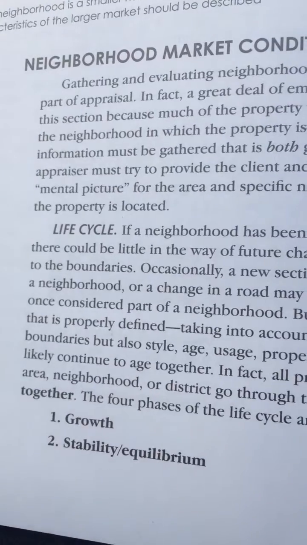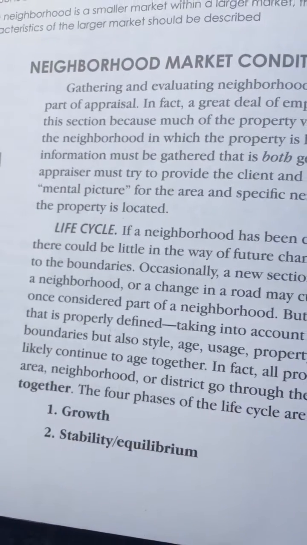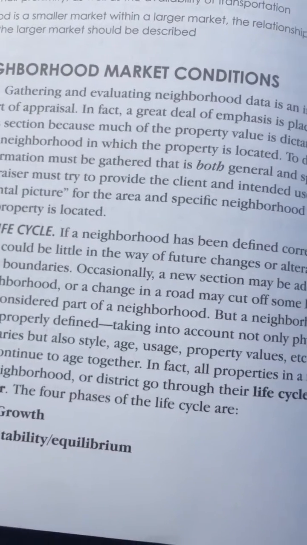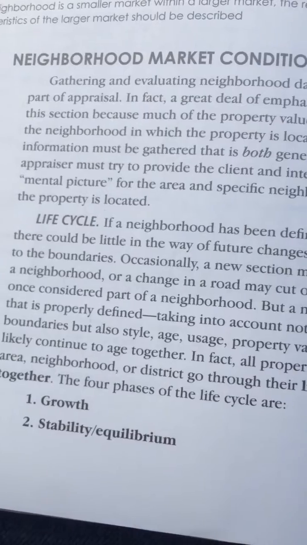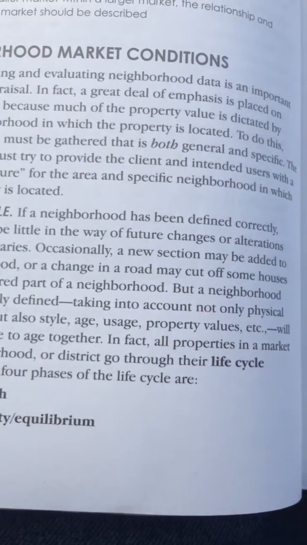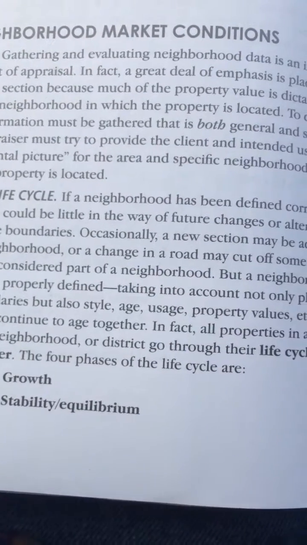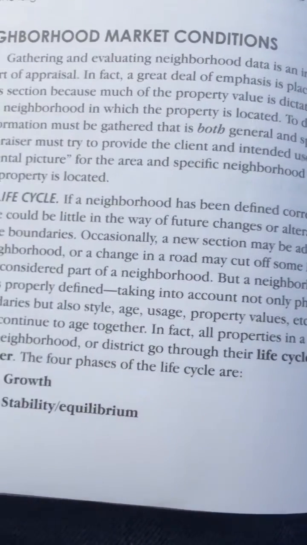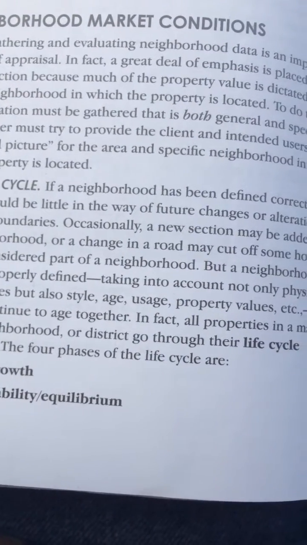Life cycle. If a neighborhood has been defined correctly, there could be little in the way of future changes or alterations to the boundaries. Occasionally, a new section may be added to a neighborhood, or a change in a road may cut off some houses once considered part of the neighborhood.